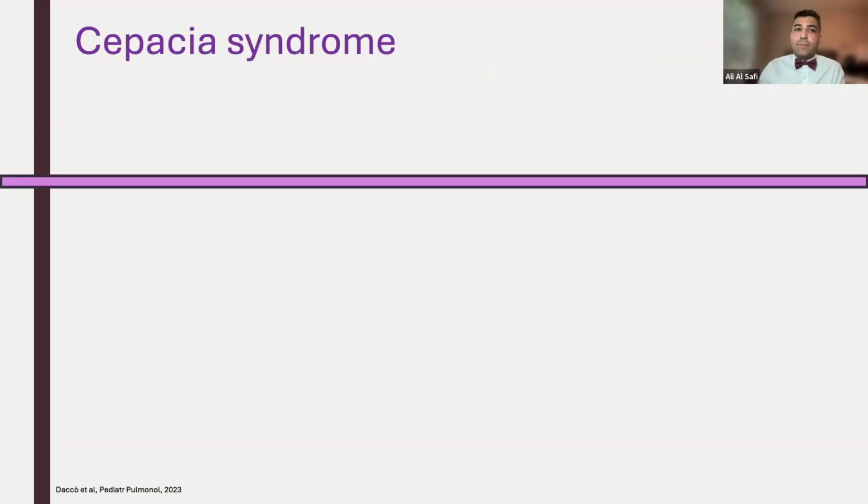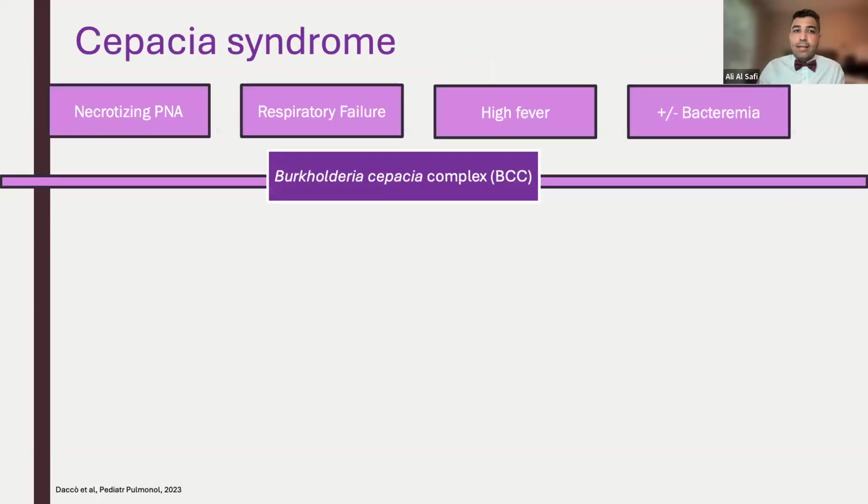Cepacia syndrome. What is cepacia syndrome? It's a syndrome that consists of mainly necrotizing pneumonia, respiratory failure, high fever, plus or minus bacteremia. It's rare and not that common. There were 18 cases in cystic fibrosis documented in the literature.